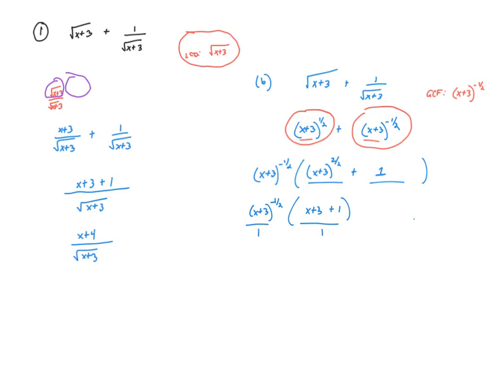Now, since we have x plus 3 to the negative 1/2, remember to throw the x plus 3 in the denominator and make the exponent positive. Therefore, we have x plus 4 in the numerator and x plus 3 to the 1/2 in the denominator. That is equal to x plus 4 divided by the square root of x plus 3.